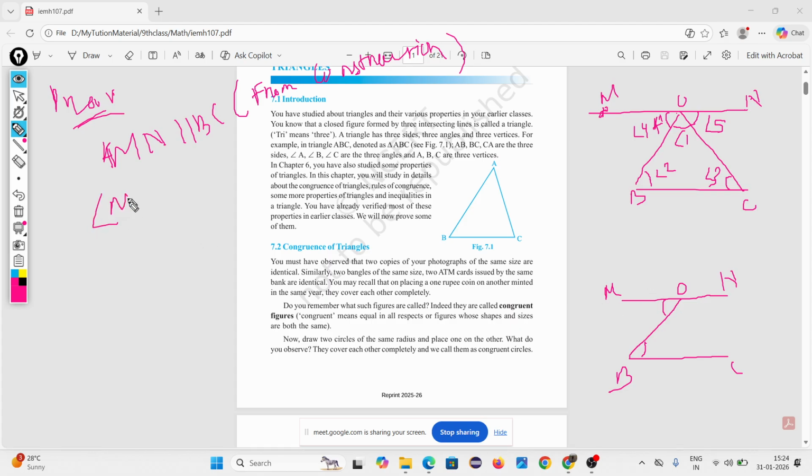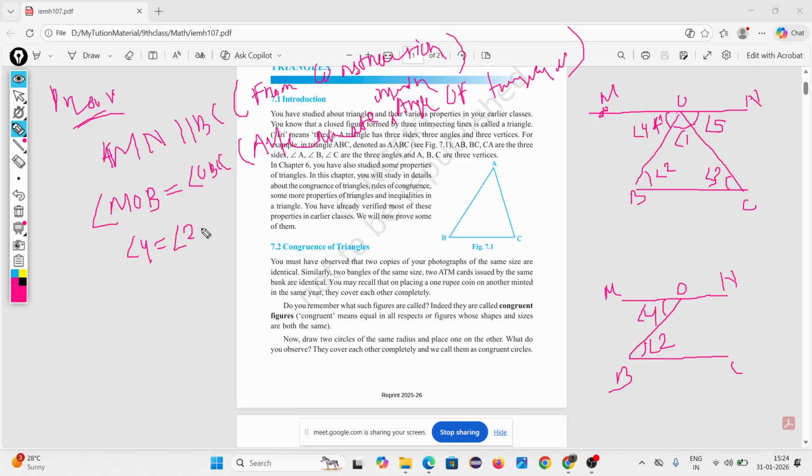Interior angle MOB is equal to OBC because of alternate interior angles of a transversal. So this is angle 4, this is angle 2. Angle 4 equals angle 2. Give equation 1.